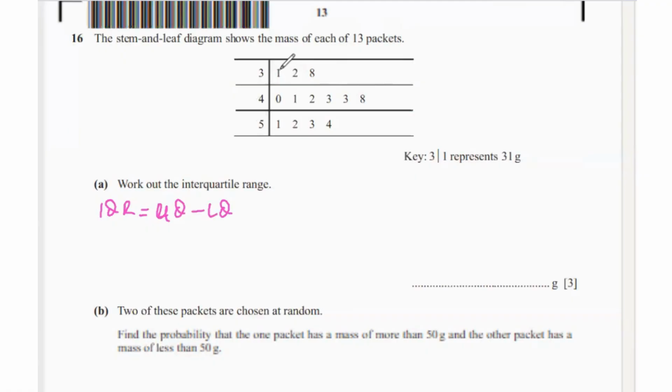The midpoint is going to be 1, 2, 3, 4, 5, 6. This is our midpoint. 43 is our median value. Why? Because there are 6 values after 43 and 6 values before 43, so 43 is right in the middle of the data set. Now the lower quartile is the middle value of the first value and the median value.